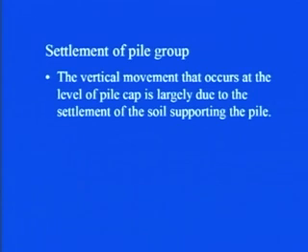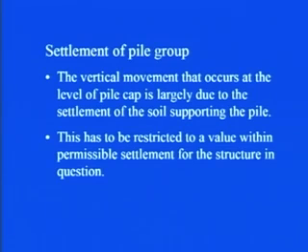The vertical movement that occurs at the level of the pile cap is largely due to the settlement of the soil supporting the pile. You see here the vertical movement is occurring throughout the length of the pile, starting from the pile cap till the base of the pile, that is the pile tip. At the top it is mainly due to the settlement of the soil surrounding the pile.